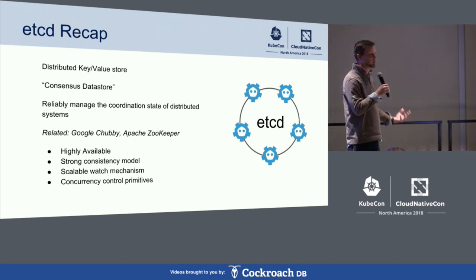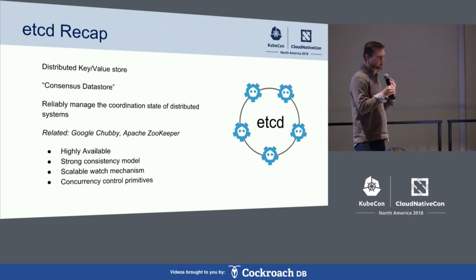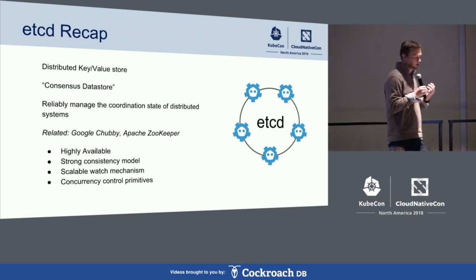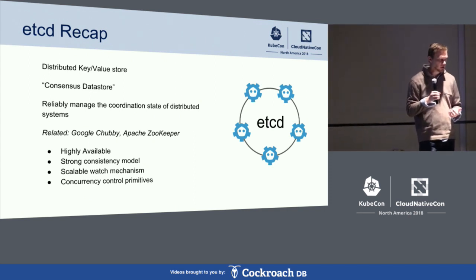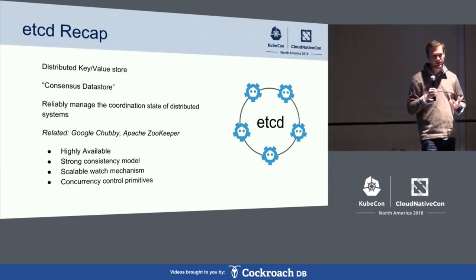And they share some common properties. They're designed to be highly available. They need to be because the distributed systems you build on top of them need that availability. They are being used for coordination, so they require a strong consistency model. And typically, the distributed system has many components in it, all of which need to observe some subset of the state in this store.